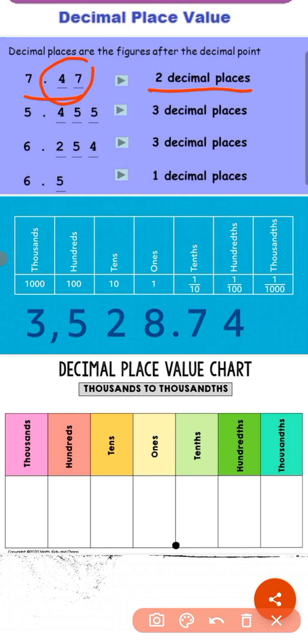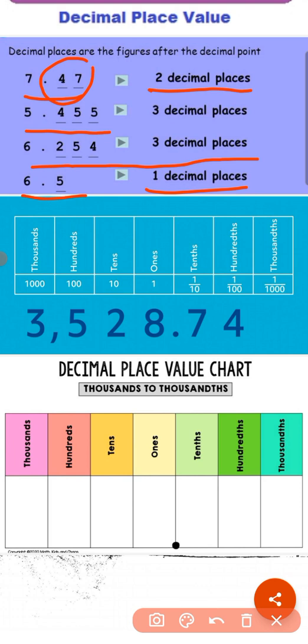This number has three decimal places, that is 4, 5 and 5. The third number also has three decimal places, 2, 5, 4. The fourth number has only one decimal place, which is 5.